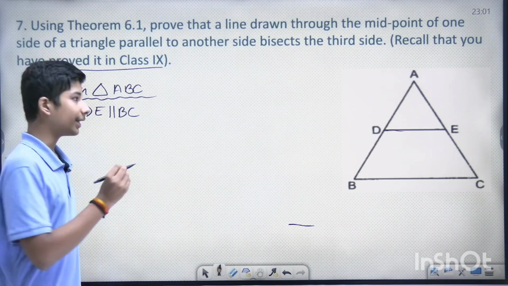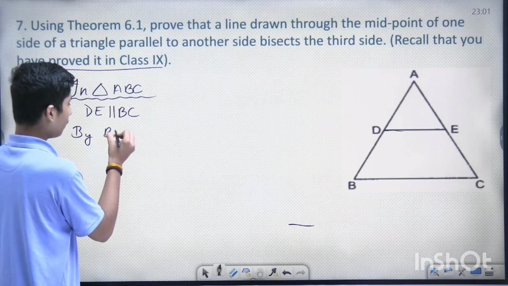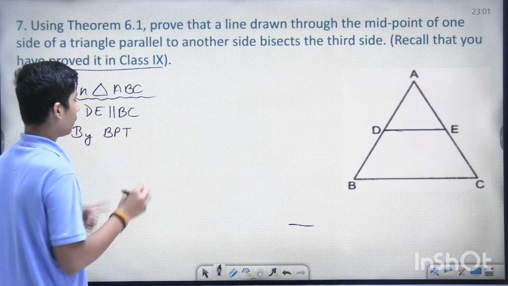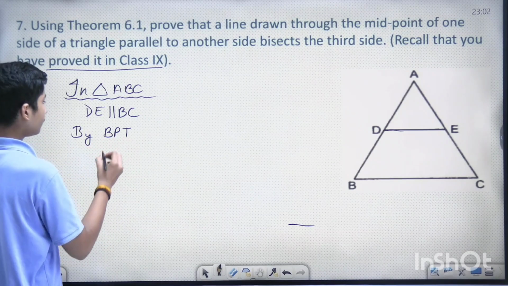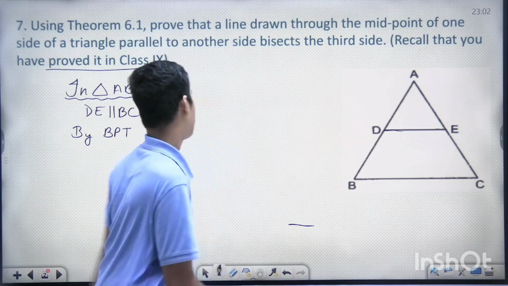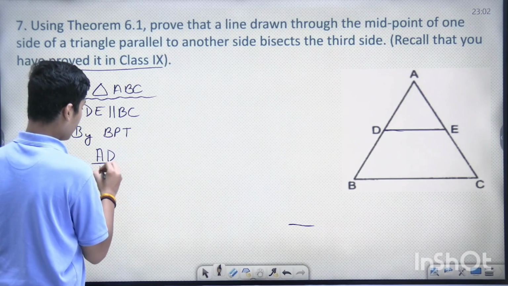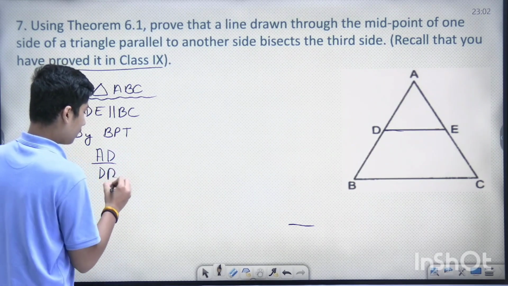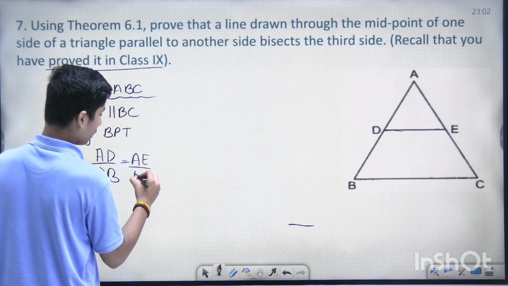So by BPT, the basic proportionality theorem, we can say that AD upon DB equal to AE upon EC.